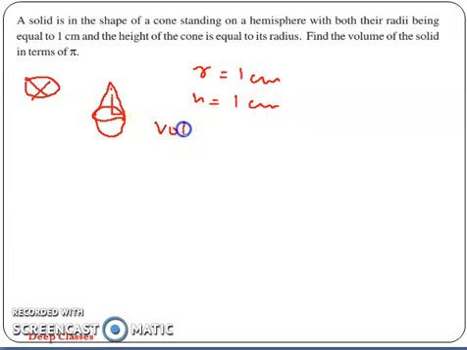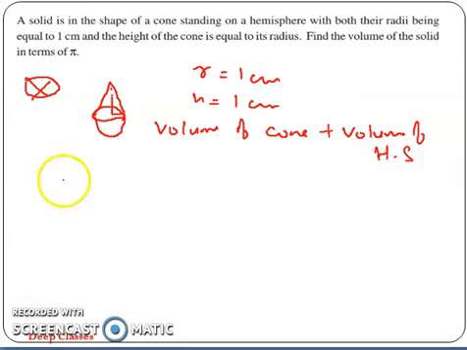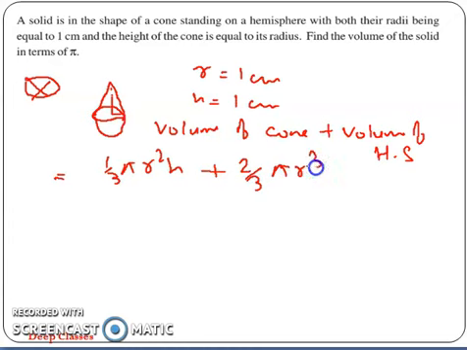So this means the volume of the cone plus the volume of the hemisphere. Volume of cone is 1 upon 3 pi r square h plus volume of hemisphere is 2 upon 3 pi r cube. Radius is the same in both cases.